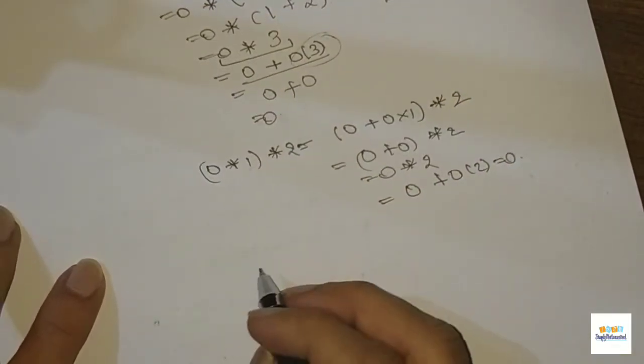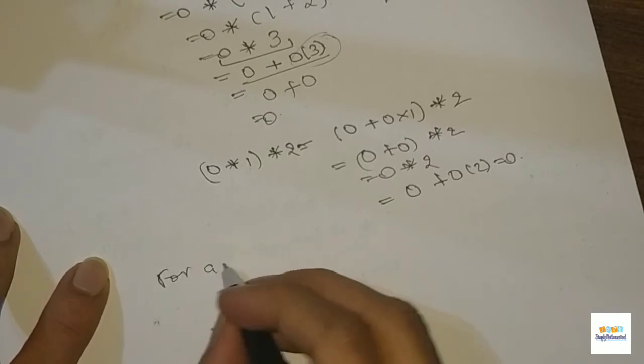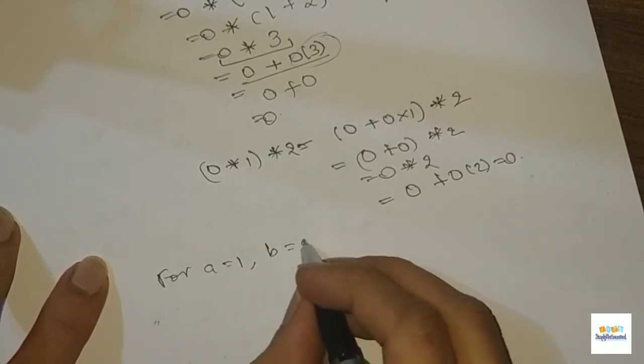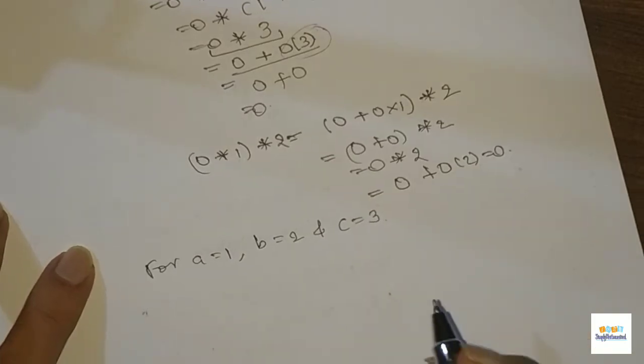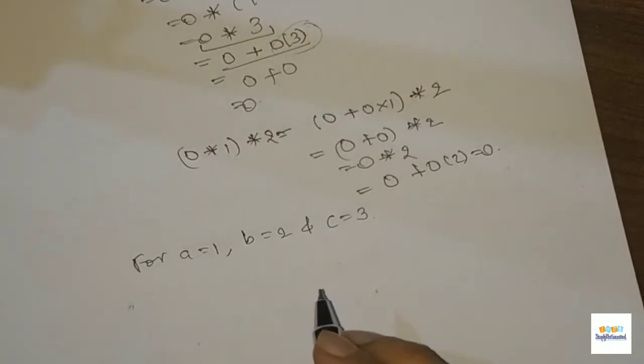Let us take a equal to some other quantity. So let us take a equal to 1, b equal to 2, and c equal to 3. Because if you find that the property is not satisfied for at least one case, then the operation star won't be associative.